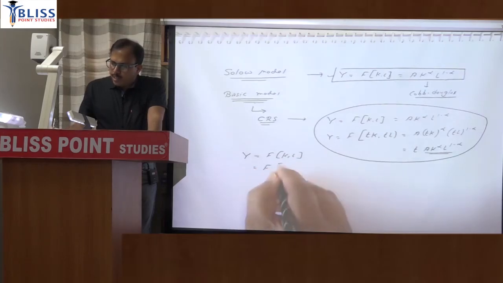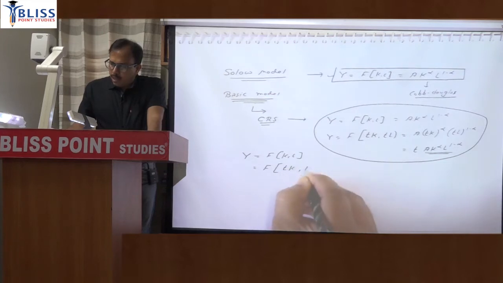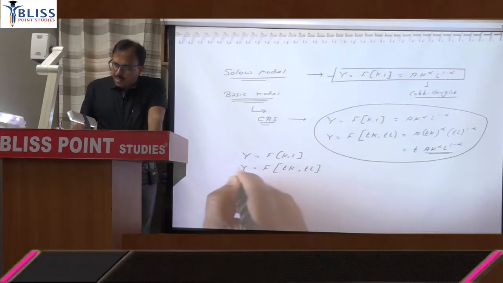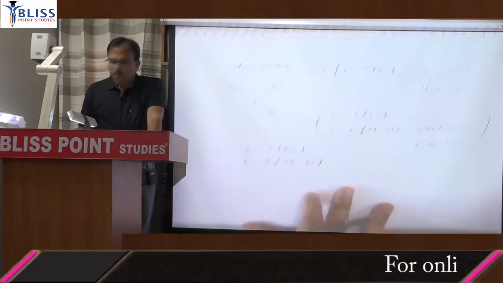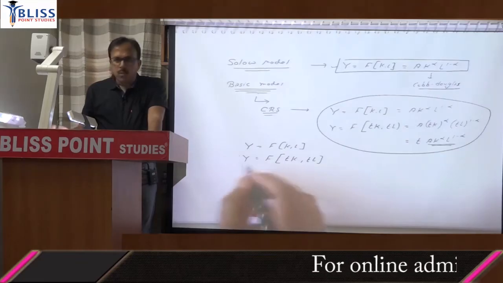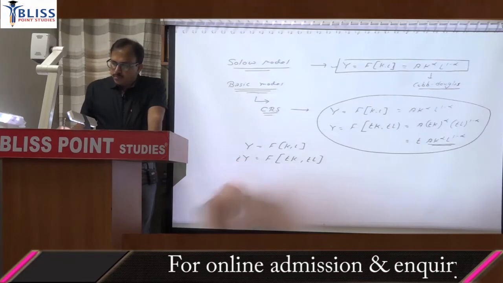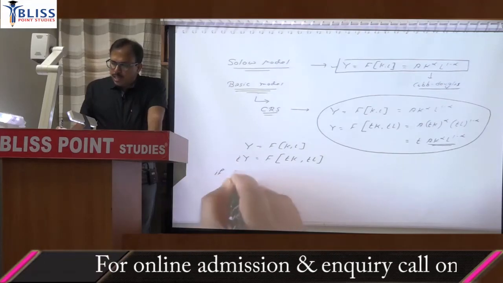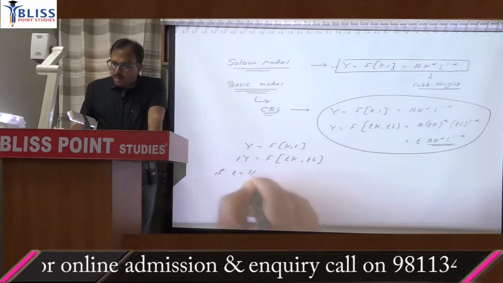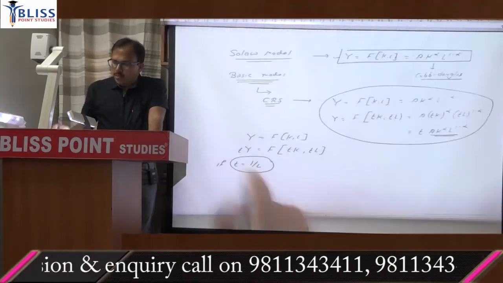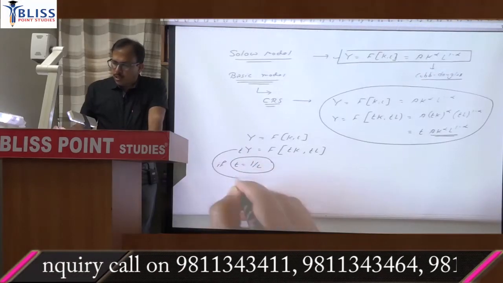So if you increase capital by t times and labor also by t times, then output will also increase by t times. Clear? Now if I consider t as 1 by L, just consider this number as 1 by L, then what will you write here?